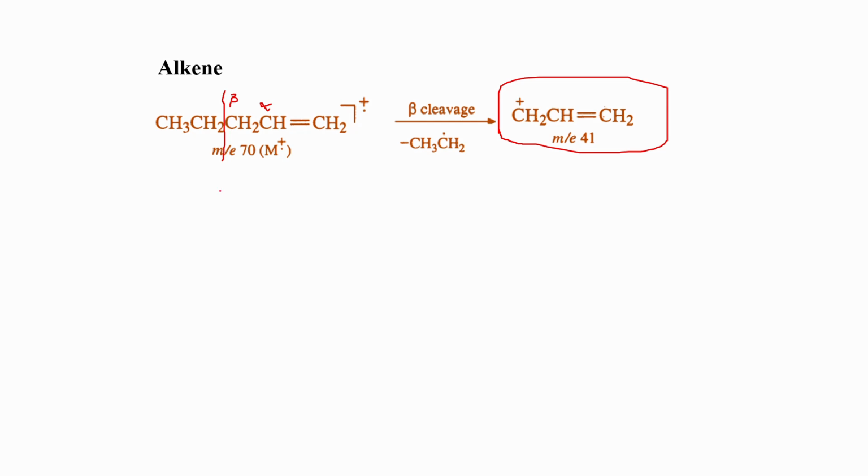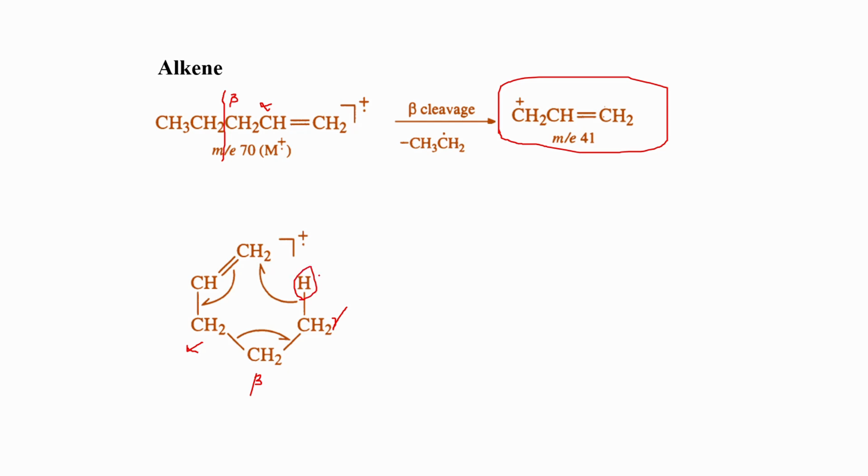Okay, if we have an alkene molecule with gamma hydrogen, it has an alpha carbon, a beta carbon, and a gamma carbon, whereby there is a gamma hydrogen.